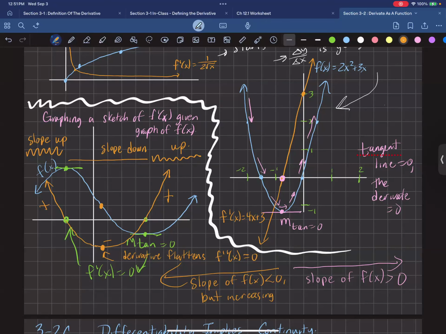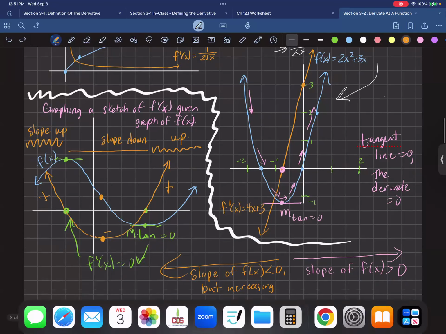And so you'll be able to see where this change is called concavity change. We'll be doing stuff with that later. We're not ready for concavity yet. But that's kind of what's going on here. Let me pause the video and make another.